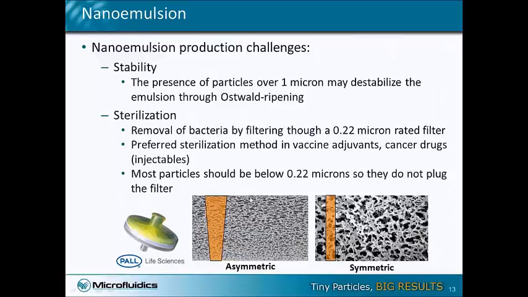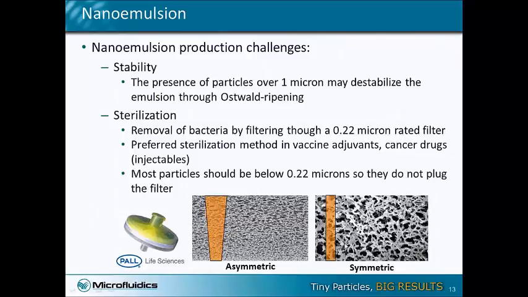On the right-hand side is a symmetric membrane. It is also 0.22 micron rated, and even though it is described as a symmetric membrane, which indicates a more or less uniform pore distribution, you can see the pores are actually not uniform. Some pores are big, some are small.